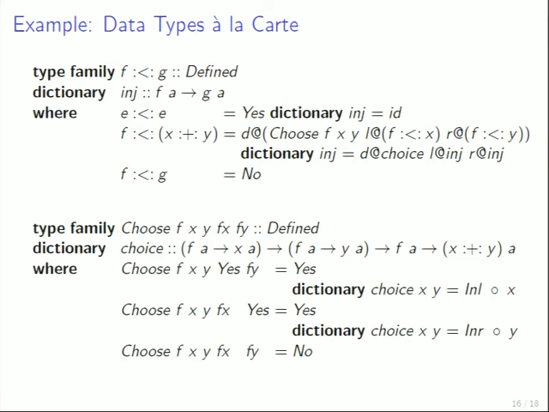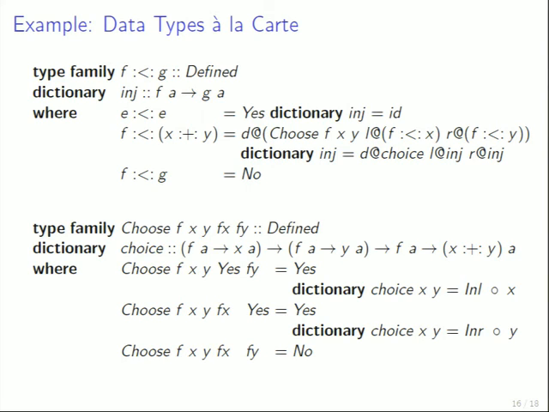Now we go through the definitions here. We have reflexivity, and so we have yes here, and the injection is the trivial one. This one is the interesting case. Here we want to do backtracking. We want to check whether f is either in the left of the sum or the right of the sum. And this is where this helper function choose comes into play.